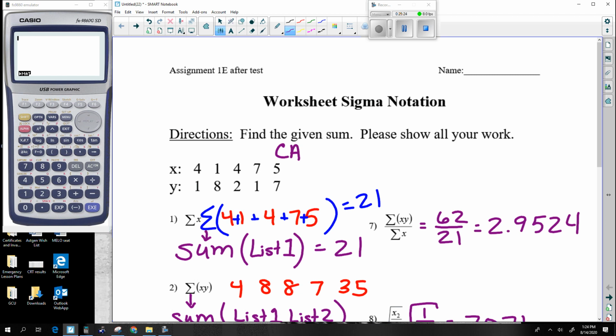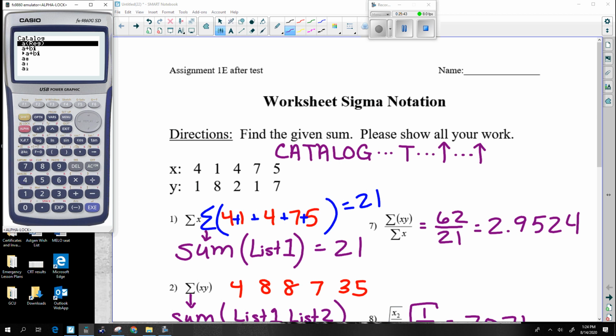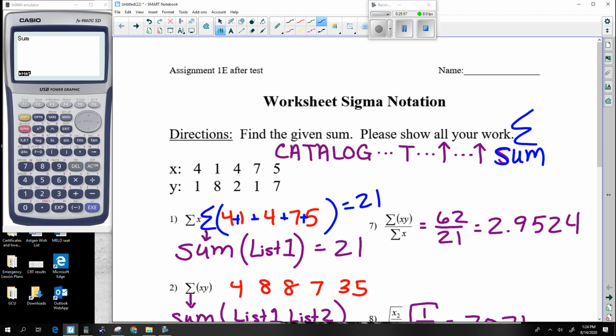So you go catalog. If it doesn't jump right to where you want it to be, you have to go to the letter T, and then you go up a couple. That gets you to the word sum. That will bring in the word sum, in blue, which is the same thing as sigma.